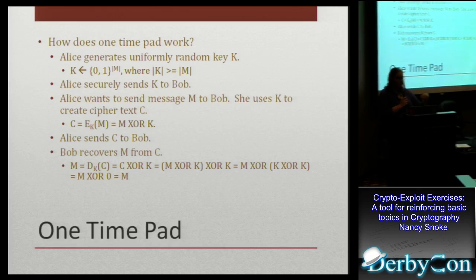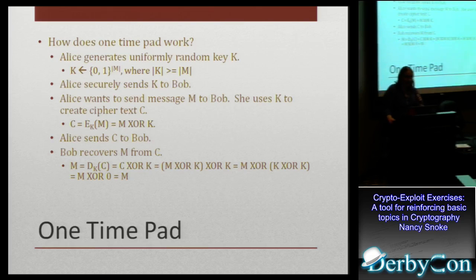But basically, first, if we're going with Alice and Bob again, Alice will generate some key. And it is supposed to be uniformly random. It also has to be at least as long as the message she's going to want to eventually send. And somehow she gets this securely to Bob. Okay?